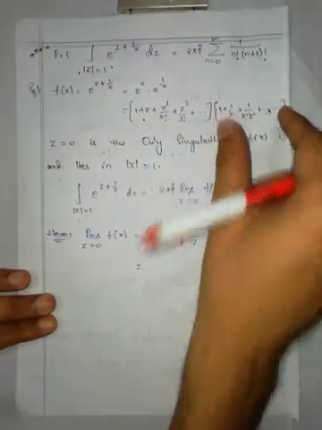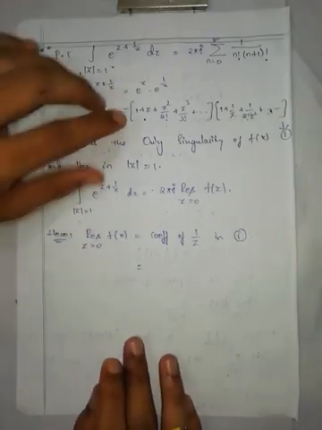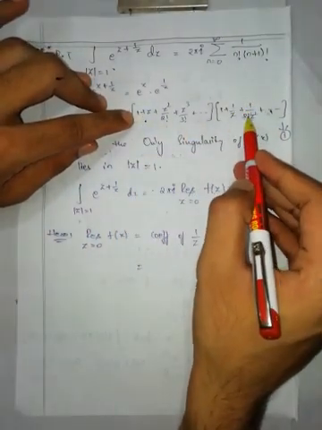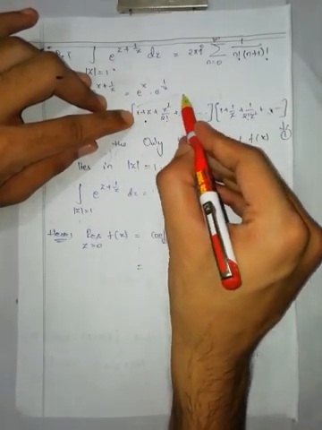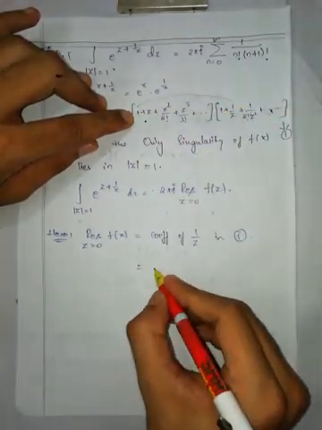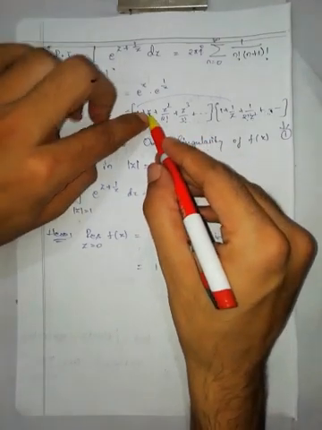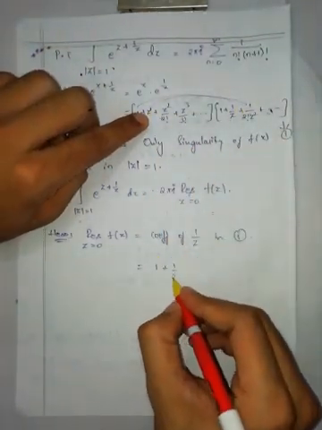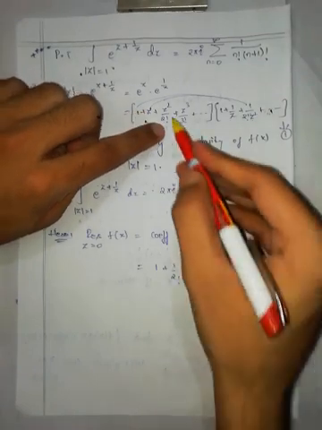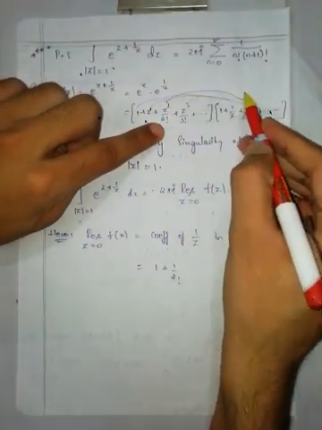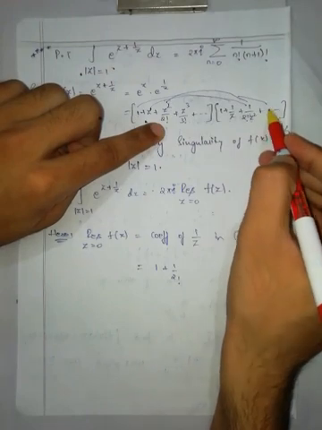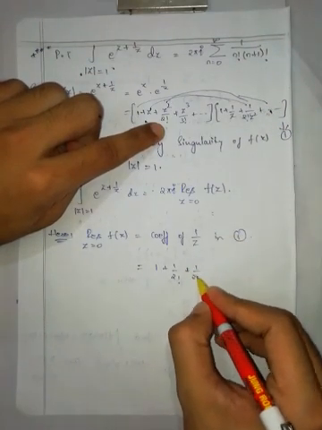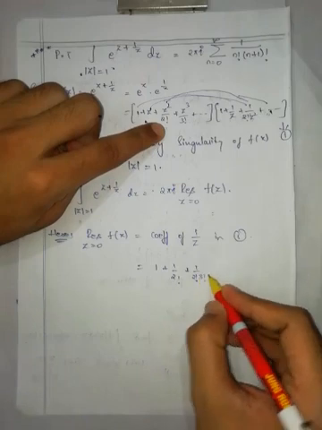Multiply this one into this one, find the coefficient of 1 by z. 1 I am going to multiply to whom so that it becomes a coefficient of 1 by z. 1 into 1 by z, I will get 1. z into this one, I will get 1 by 2 factorial. z square into 1 by 3 factorial z cube, I will get 1 by 2 factorial 3 factorial.